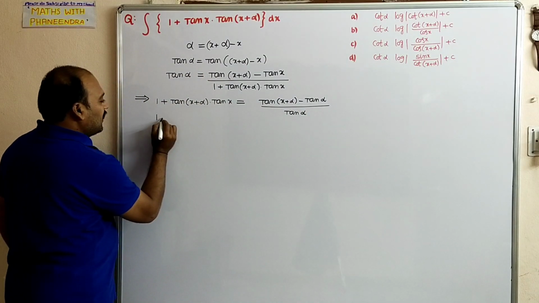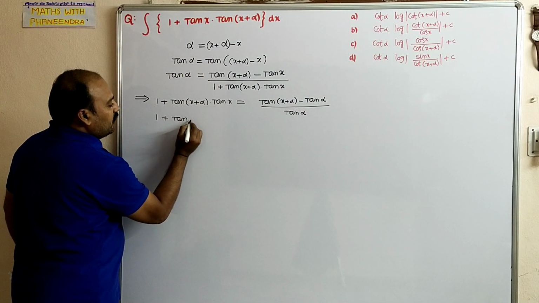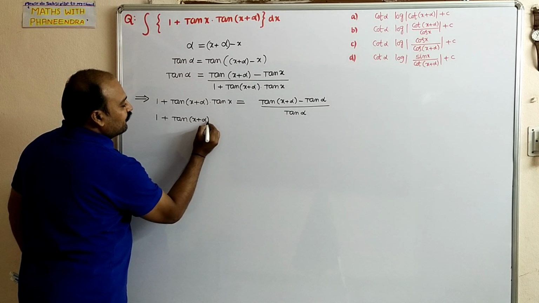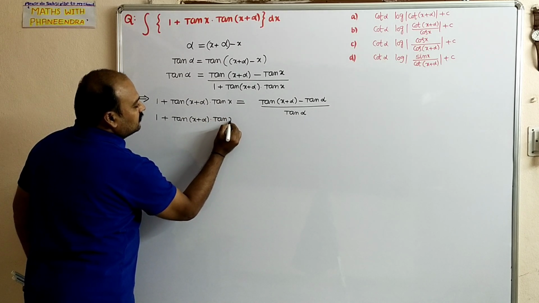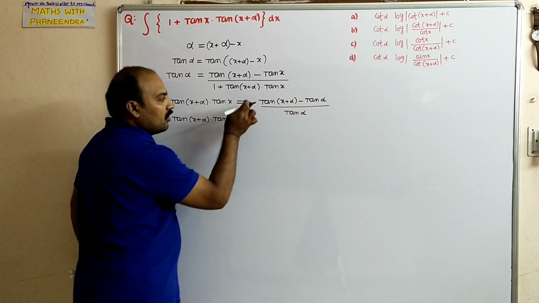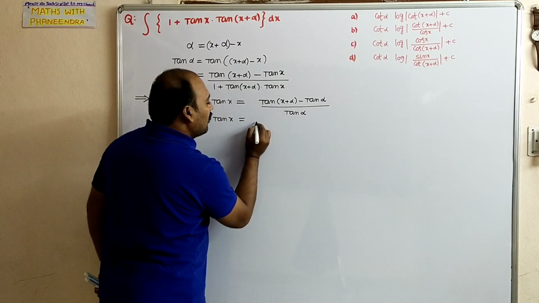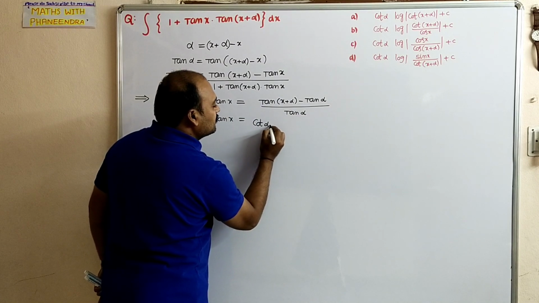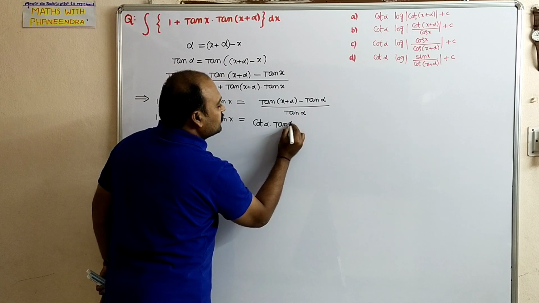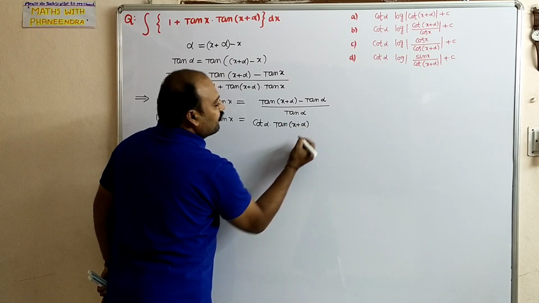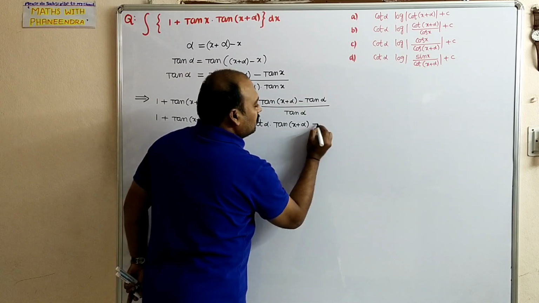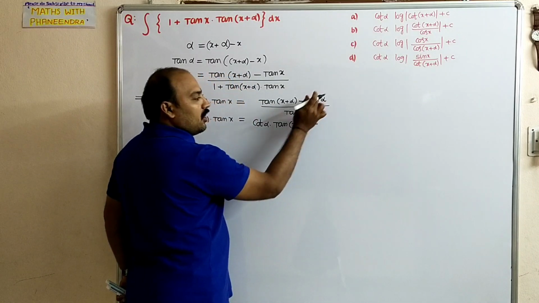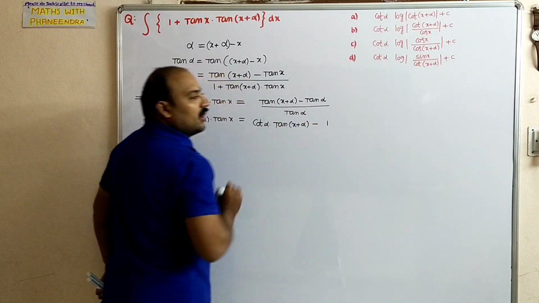So 1 plus tan of x plus alpha into tan x is equal to 1 by tan alpha, which is cot alpha, splitting into terms: tan of x plus alpha minus tan x, by tan alpha, 1.